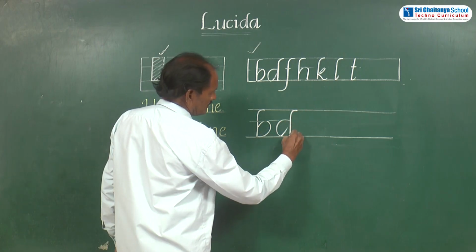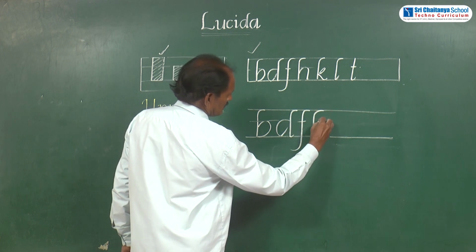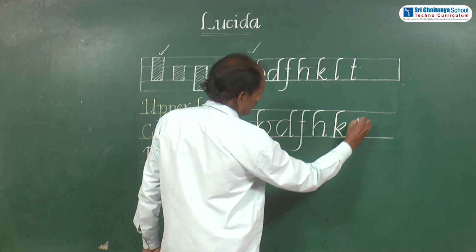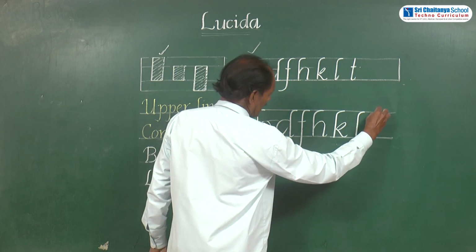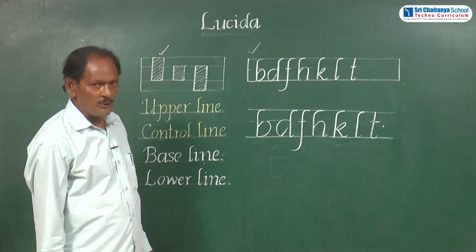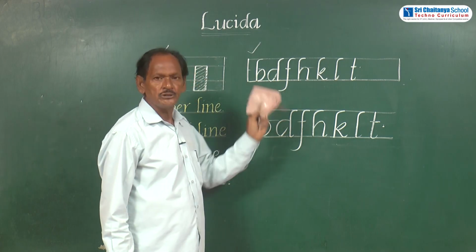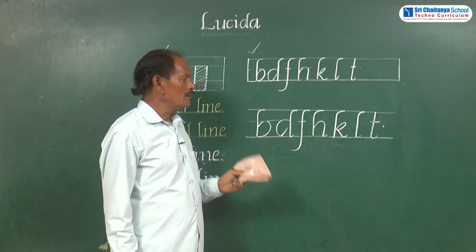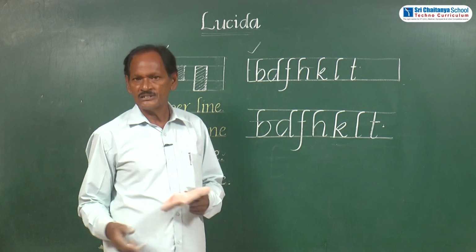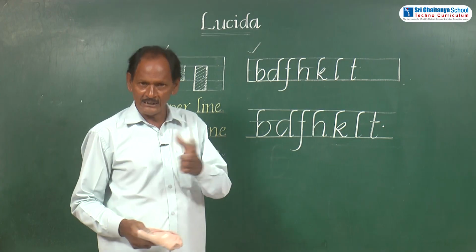D, F, H, K, L and T. Okay? And I will write these upper zone letters on plain surface also, because most of our students find it easy to write their examinations on plain surface, and some subject notes notebooks also they have to write on white paper.